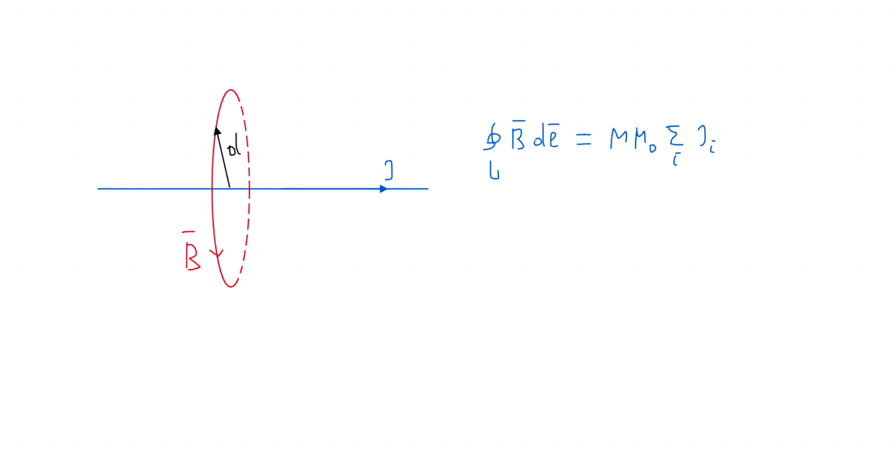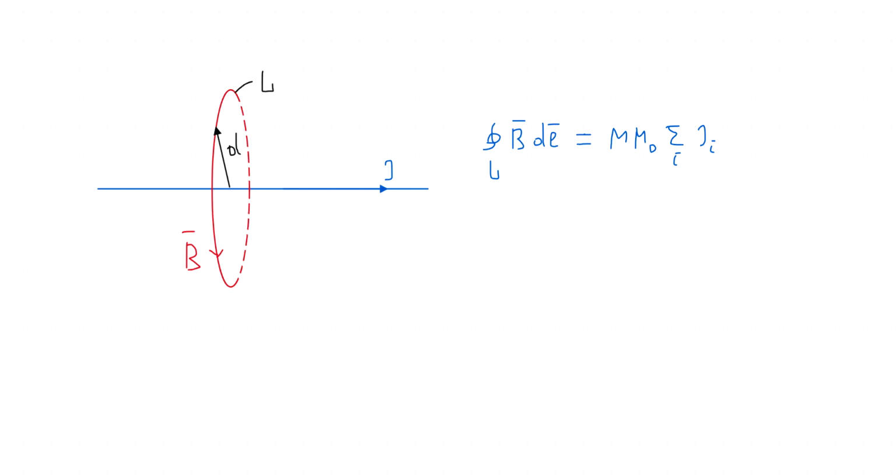For second type of exercises, the best choice will be rectangle. So in this case, the best choice is a circle. And what circle will we choose? We will choose the same circle as a line of magnetic field. So this will be circuit L.